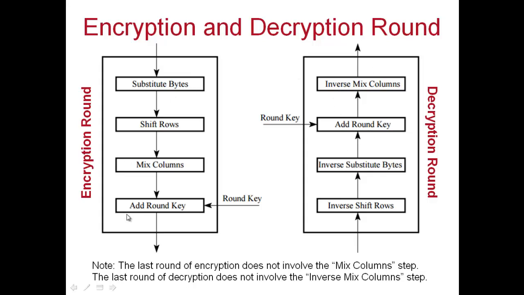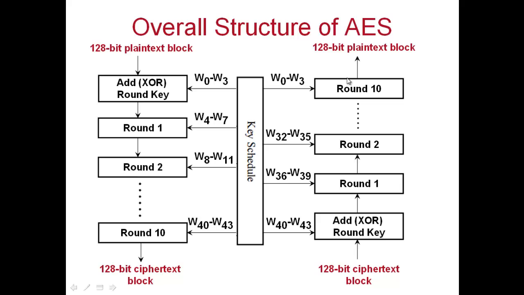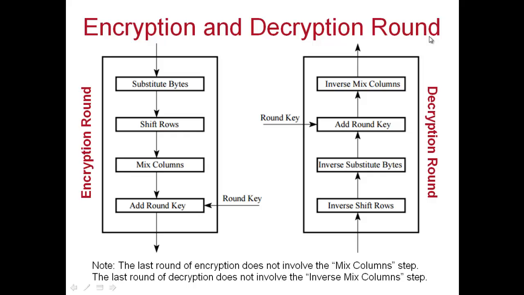As you can see here, the order in which we go through the sub-steps is different for an encryption round and a decryption round. Also, the last round of encryption does not involve the mix column step, and the last round of decryption, which is round 10 here, does not involve the inverse mix column step.